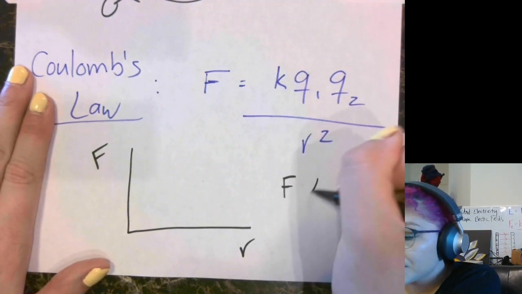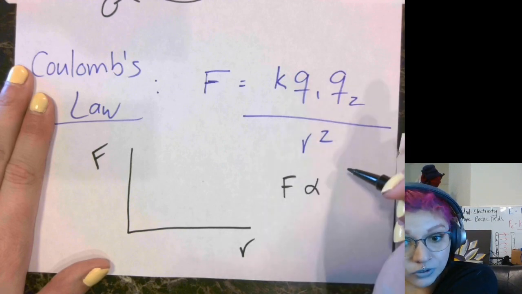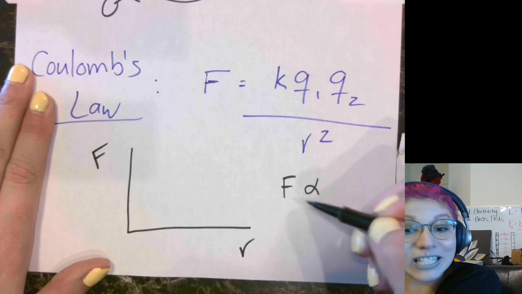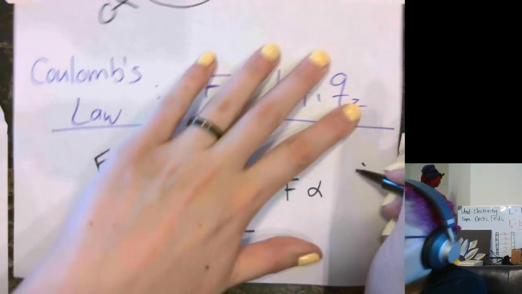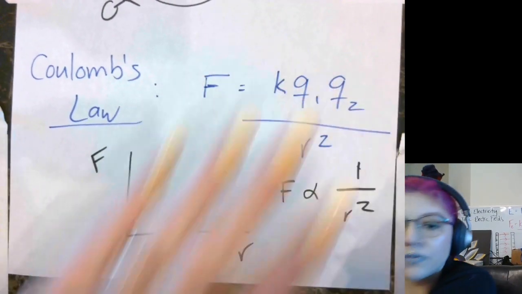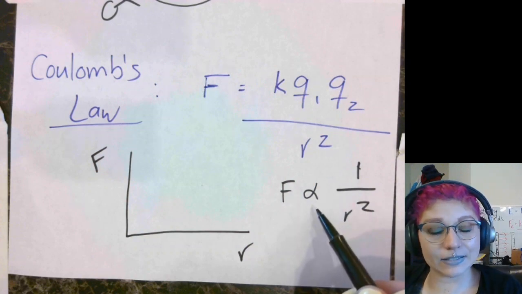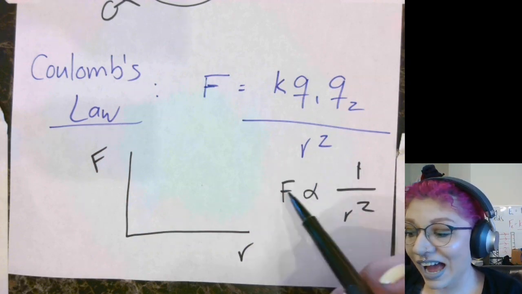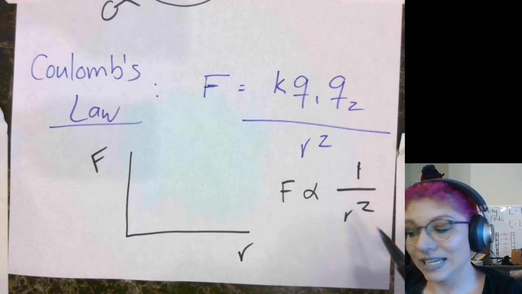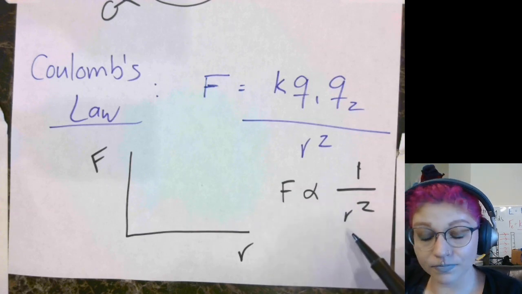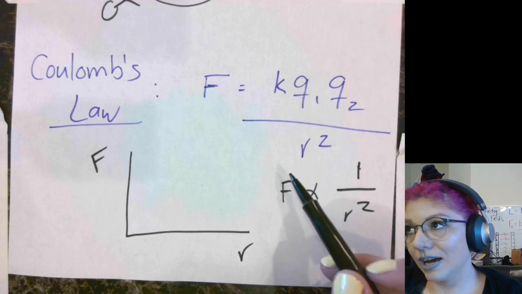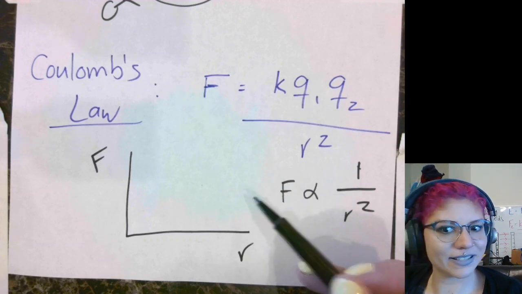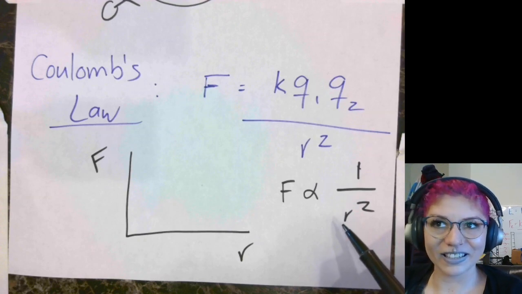We know that the force is proportional to, so this little fishy thing, it's called an alpha, is proportional to 1 over the square of the distance. So if you actually plug numbers in here, you would see that as force increases, distance decreases, and vice versa. As force decreases, yes, distance increases.